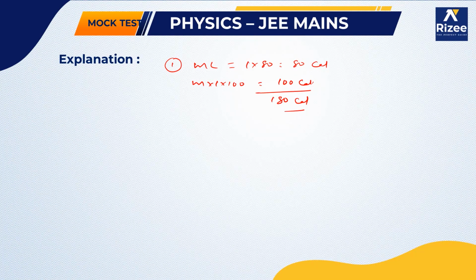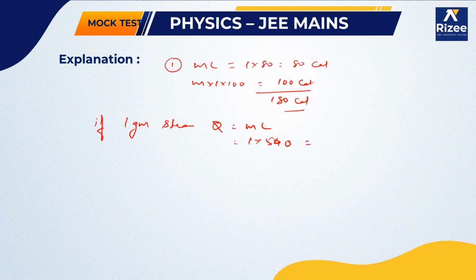Now, if 1 gram of steam converts into water, then the heat is mL, which is 1 into 540, that is 540 calories of heat will be supplied.